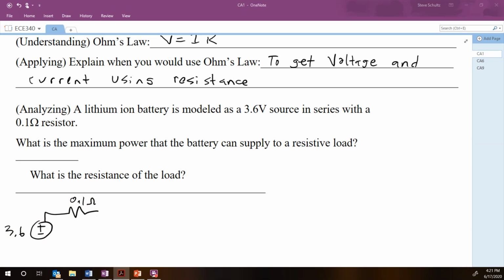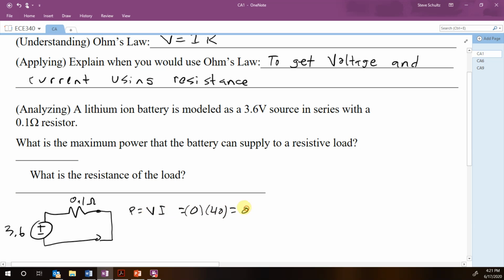Well, if I put a short right there, and we're trying to find out how much power is consumed in the load, it has 0 volts, so power is equal to voltage times current. That's going to be 0 volts times a whole bunch of current. Well, who cares? If it puts out 40 amps, that's going to be 0 volts.